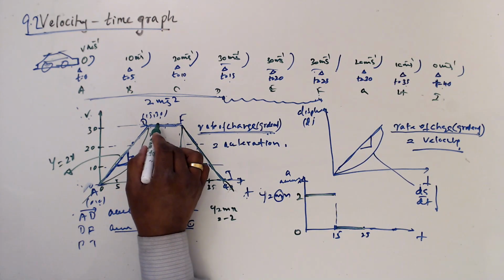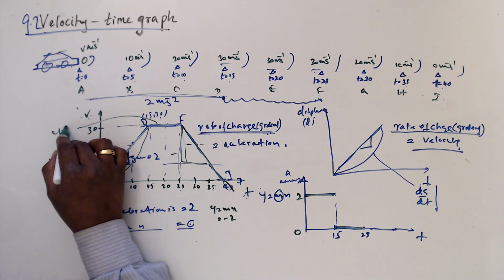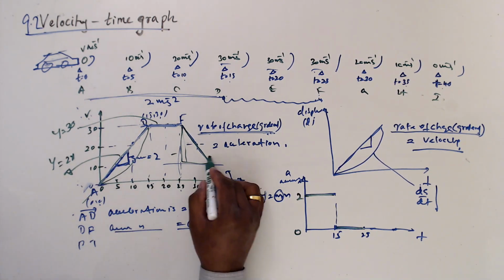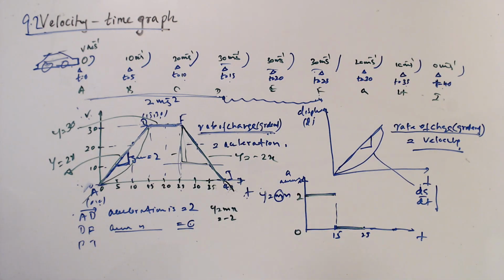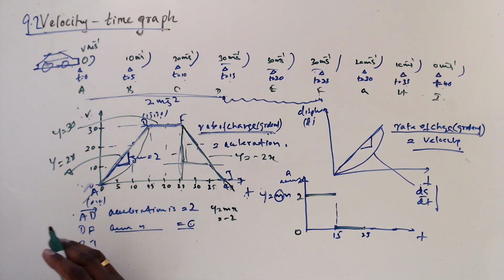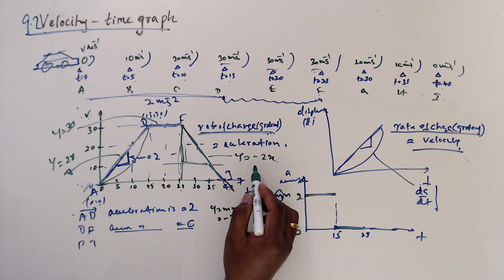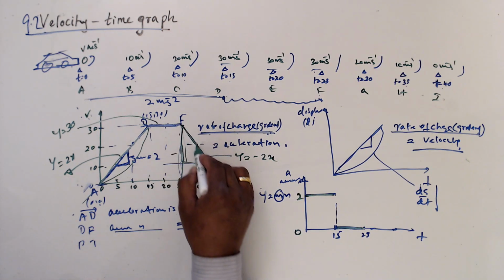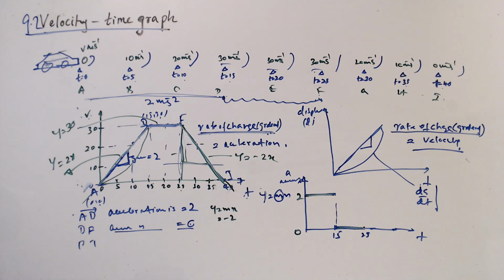This one is y equal 30, always fixed. This is y equal minus 2x, because the gradient, if you see, is still the same angle. You can see when you find change in y over change in x. By the way, you know how to find the gradient of this line, so you will get minus 2.